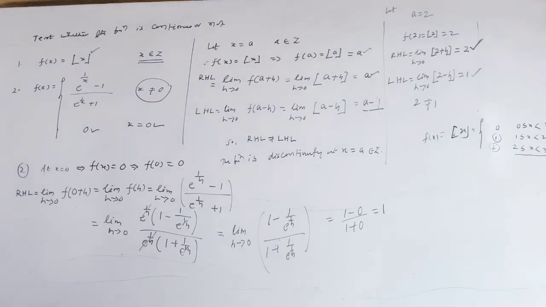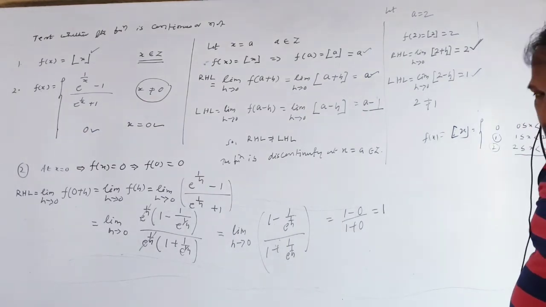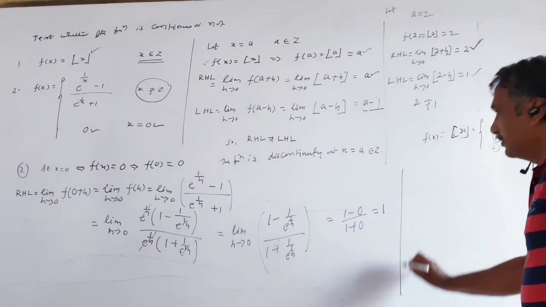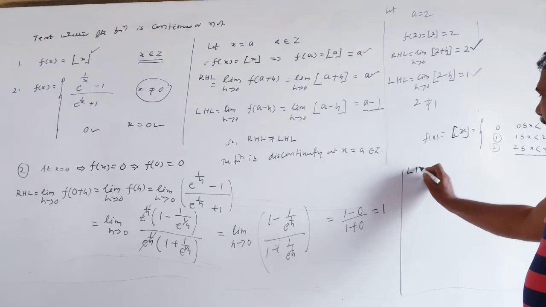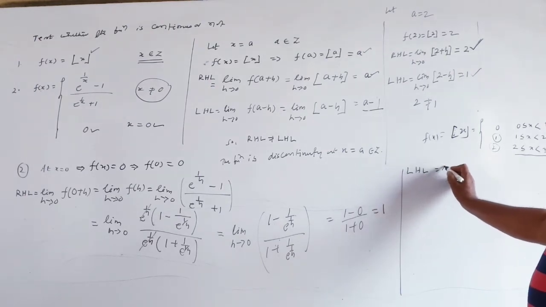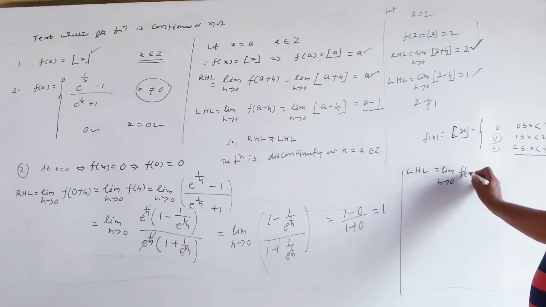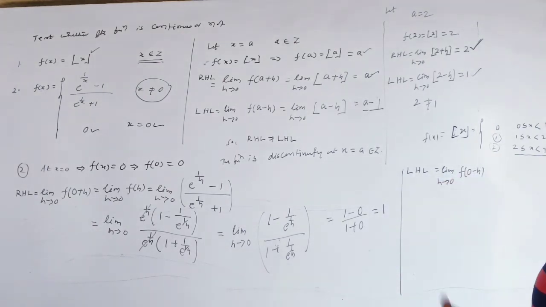Then next one is find out the left hand limit. Okay. Now the left hand limit: h tends to 0, f of 0 minus h, where x is less than 0, or this part equals h tends to 0, f of minus h.